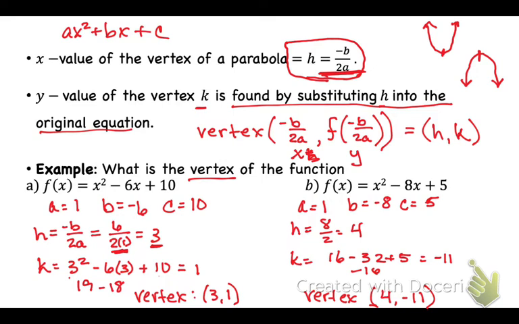Did you get 4, negative 11? Yes. Did you get 4, negative 11? Yeah. Cole, what'd you get? I didn't get that.